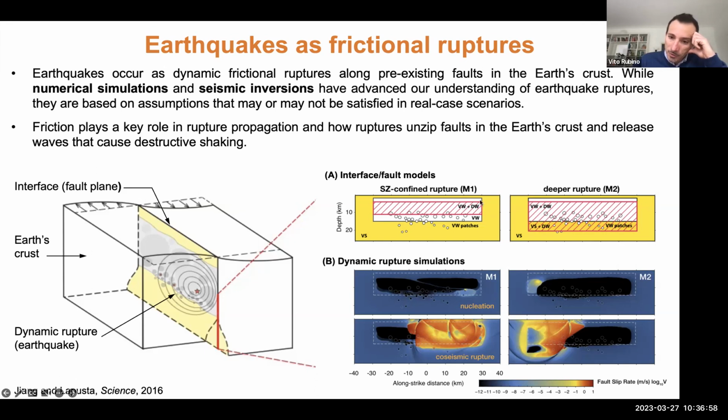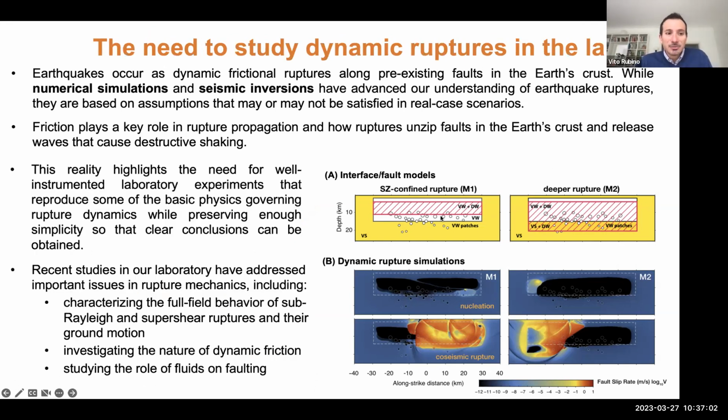However, the real rheology is unknown, and so this reality highlights the need for well-instrumented laboratory experiments that can reproduce the basic physics that controls rupture dynamics, while at the same time maintaining enough simplicity so that clear conclusions can be made.